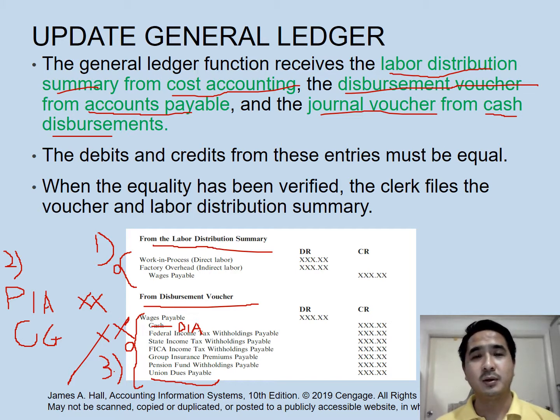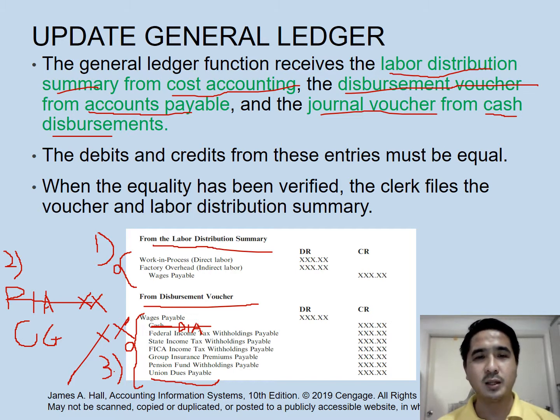But technically, if it is properly done, the payroll imprest account will close out here and here, leaving the original entry for the first entry, so no changes.